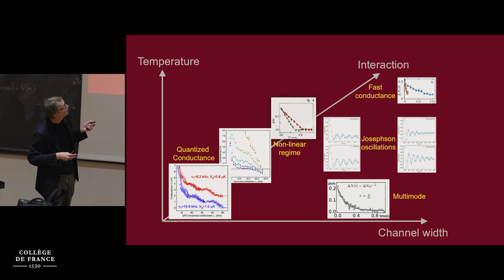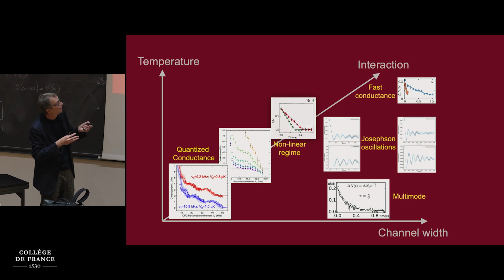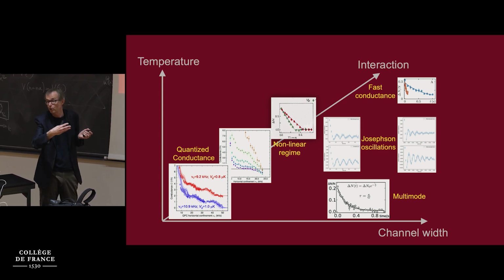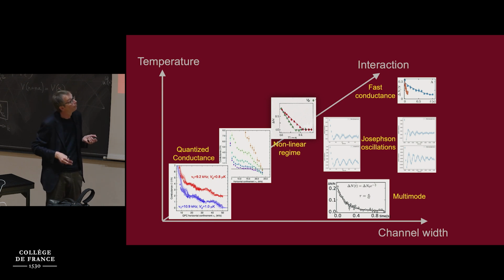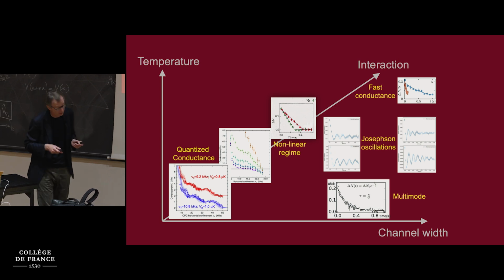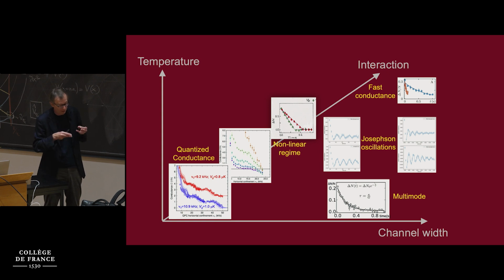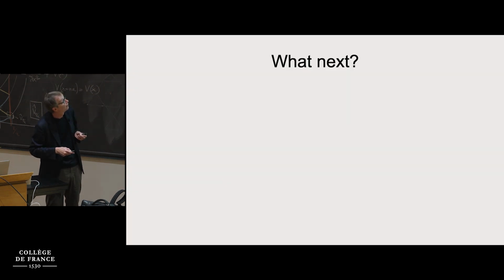Then at unitarity we have this kinky nonlinear regime. And if we then go to somewhat wider channels, then we can see Josephson oscillations, if we are cold enough, and if we get warmer, they damp faster. And then at a certain channel width, they decay faster. So that's our understanding at the moment of this quantum point contact with interactions.